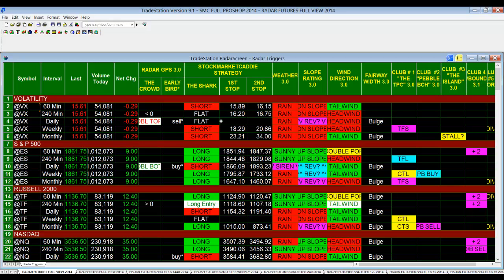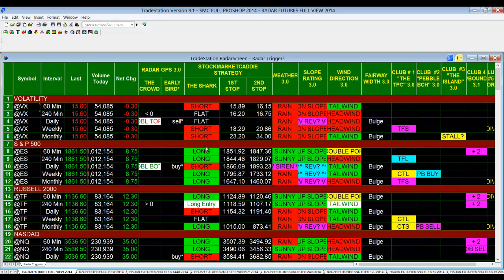The hourlies were long, but the daily wasn't. And it never did get long. All week it didn't, and it just stayed flat. That was the problem. It wasn't confirming the short move. So I think we even said last week, you shouldn't be initiating a short position last Friday if you weren't already short.